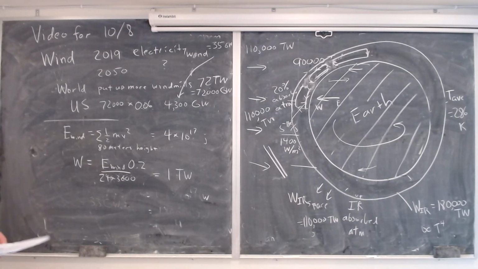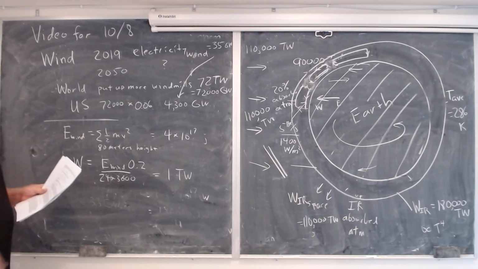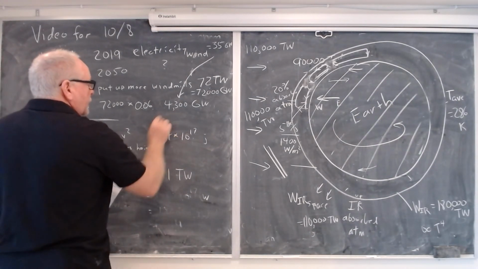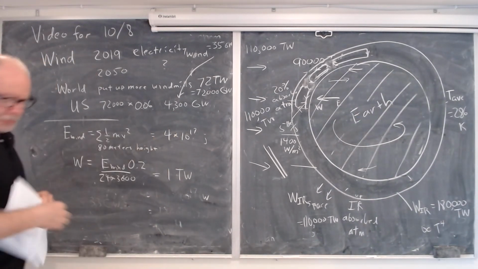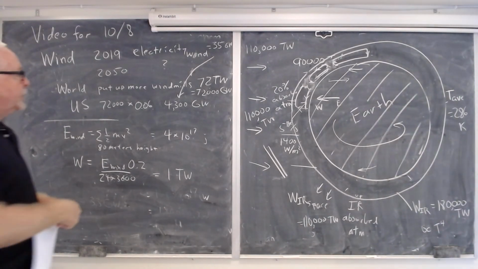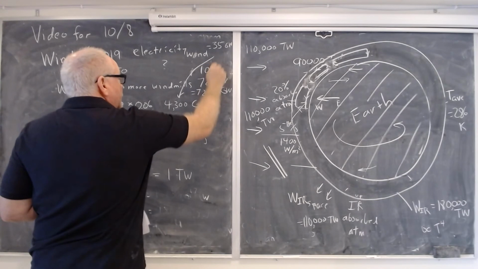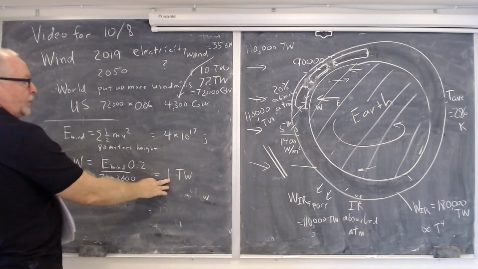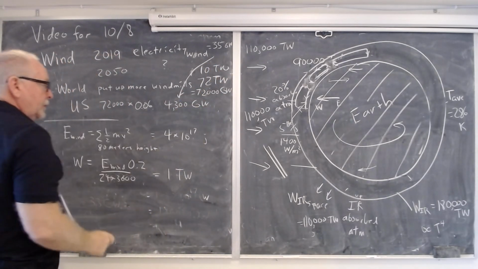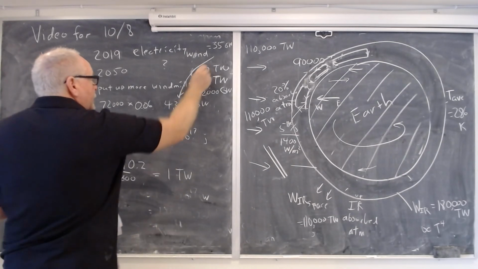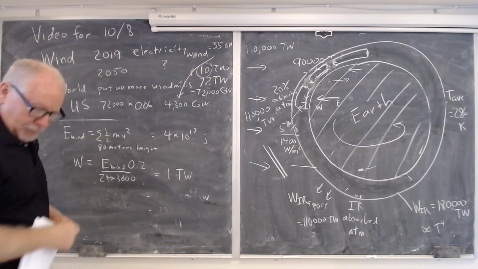The answer is probably somewhere in the middle, and so my guess is, let's say 10 terawatts, somewhere between 1 and 72, and multiply it times 0.06.